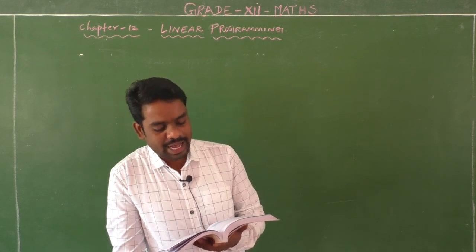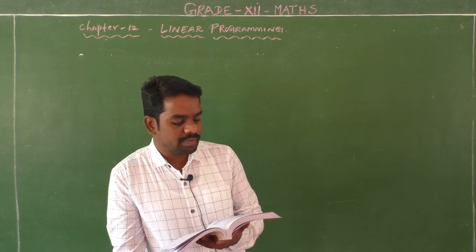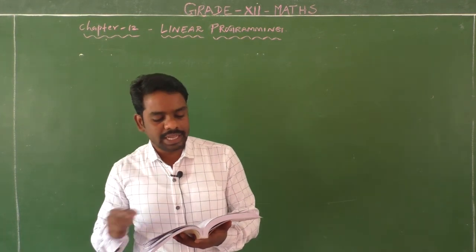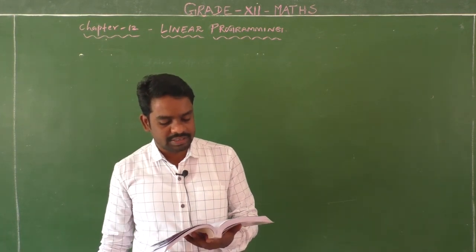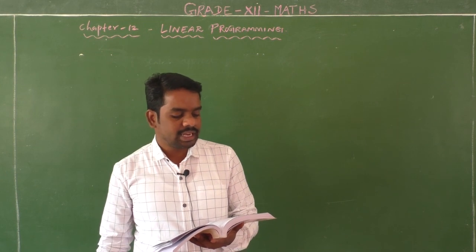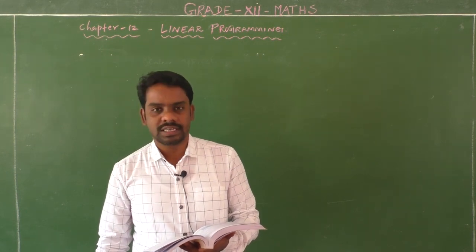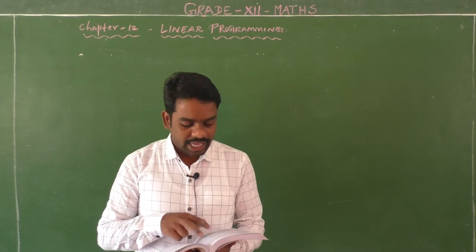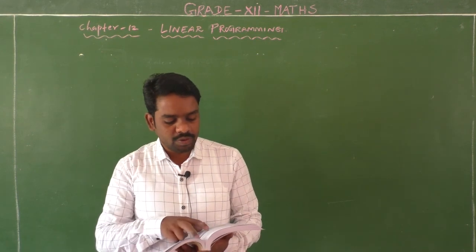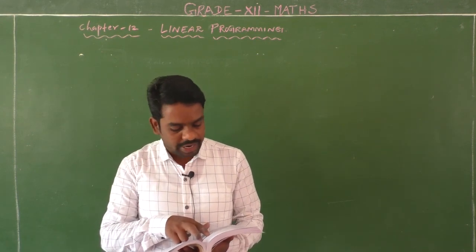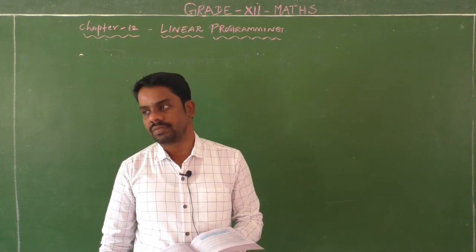When z has an optimal value, that is maximum or minimum, where the variables x and y are subject to constraints described by linear inequalities, this optimal value must occur at a corner point of the feasible region.